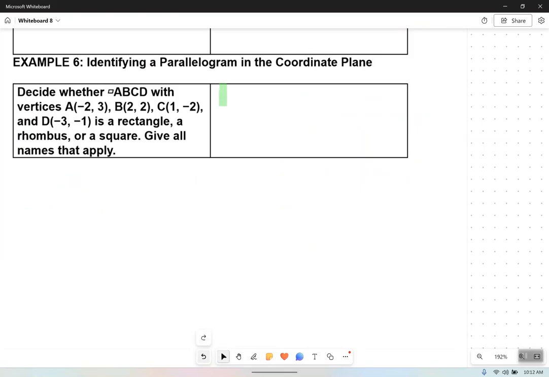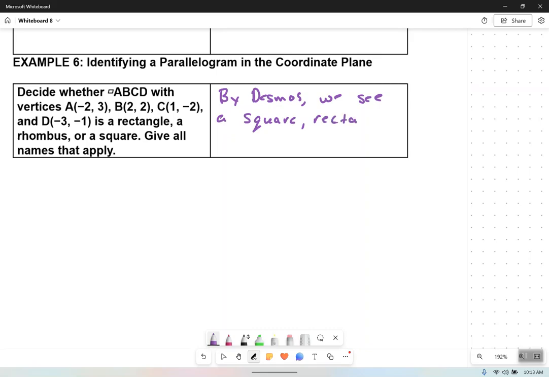We can see... the right one. So I'm going to say by decimals, we see a square, which is also a rectangle, and what else?